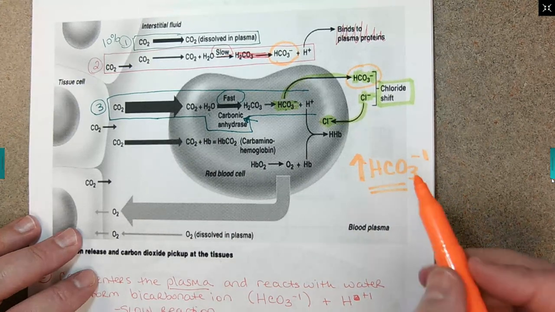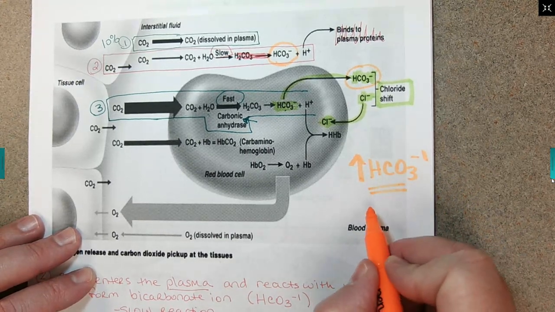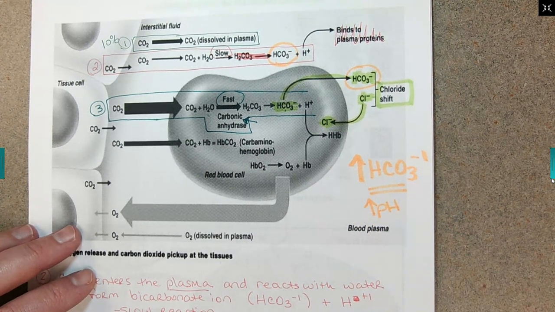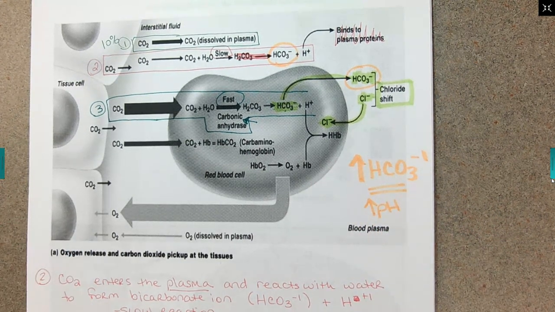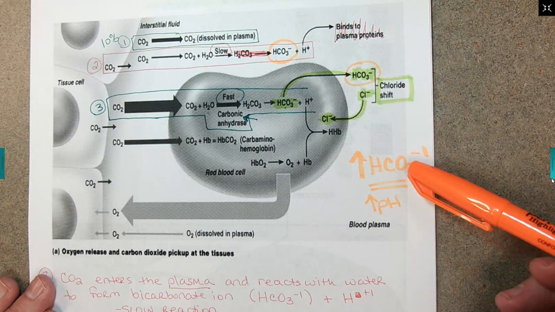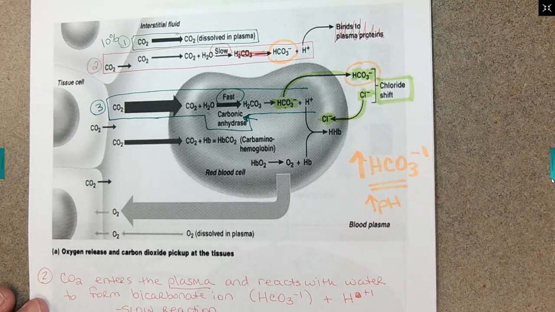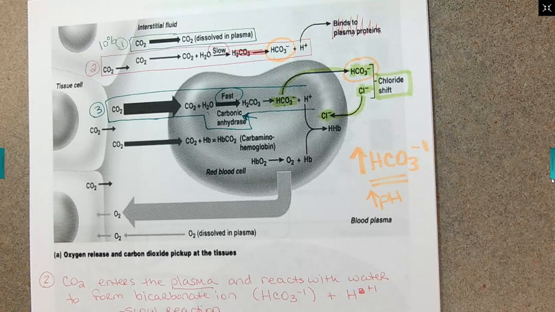What that means is, if you have a lot of bicarbonate ions, this is going to increase the pH of the blood. So blood that has, I should say, maybe a low oxygen content versus a high carbon dioxide content. If it's got a high carbon dioxide content, it's due to the fact that that carbon dioxide is traveling through the blood in the form of this bicarbonate ion now, which is going to increase your pH.